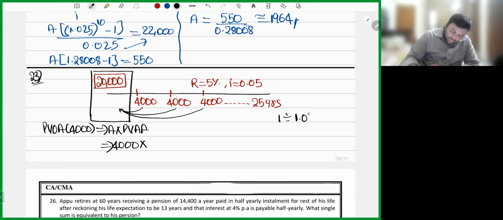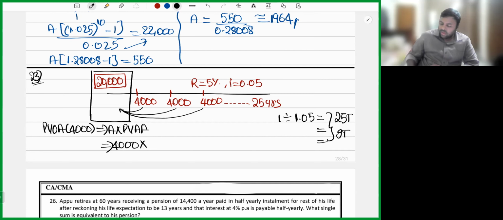1 divided by 1.05. I'll simply press equal to symbol 25 times. Then I'll press grand total. Let me do 1 divided by 1.05, equal to symbol 25 times: 1, 2, 3, 4, 5, 6, 7, 8, 9, 10, 11, 12, 13, 14, 15, 16, 17, 18, 19, 20, 21, 22, 23, 24, 25.